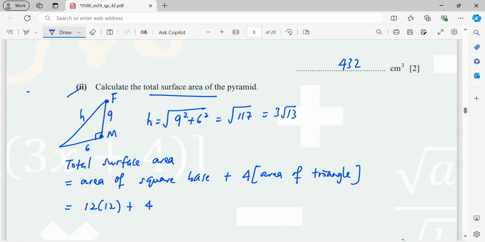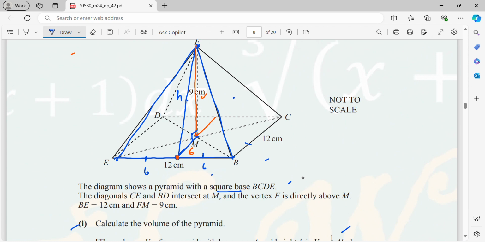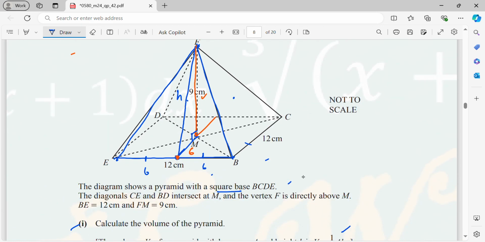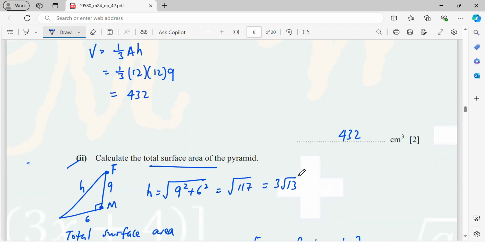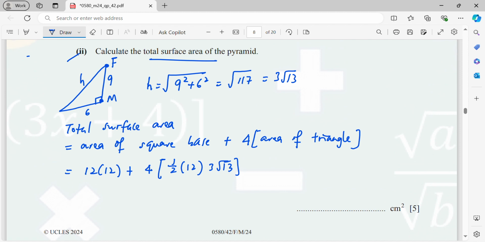Now area of triangle: when you look at triangle EBF, the base here is 12, and I have found the H just now. So it will be half times 12 times the H, 3 square root 13. Then from here, you will be getting 144 plus 72 square root 13.